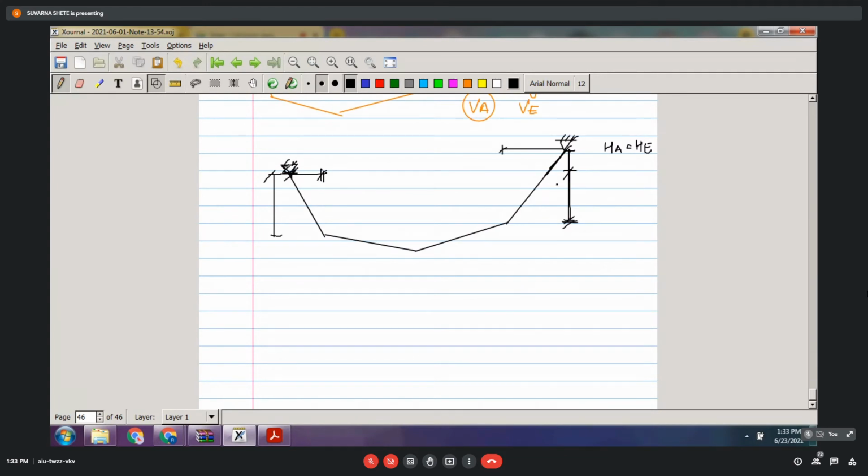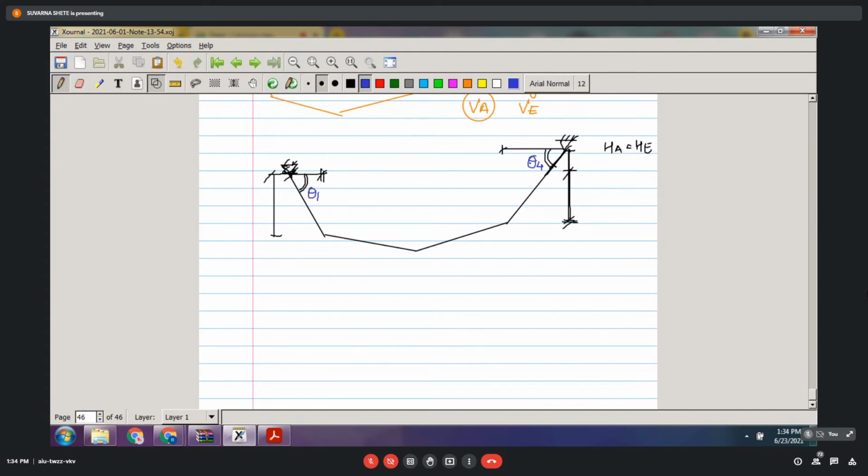can I find out their respective angles? Yes, ma'am. Suppose this is θ1, this is θ2, this is θ3, and this is θ4.